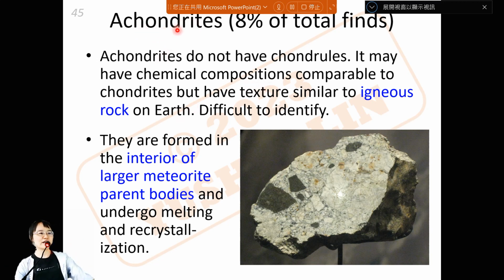This kind of achondrite, you see, it has these mineral grains. If we do some microscopic observation, you will not see these round grains. You will see these grains with angles. They are formed in the interior of larger meteorite parent bodies and undergo melting and recrystallization.